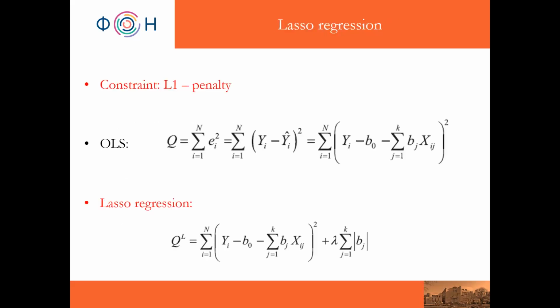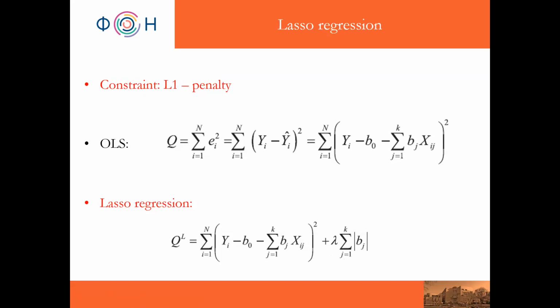Many things that we have introduced for ridge regression are going to be almost the same when doing lasso regression. What we said is that lasso regression is related to adding a constraint which takes into account the sum of absolute values of our coefficients.